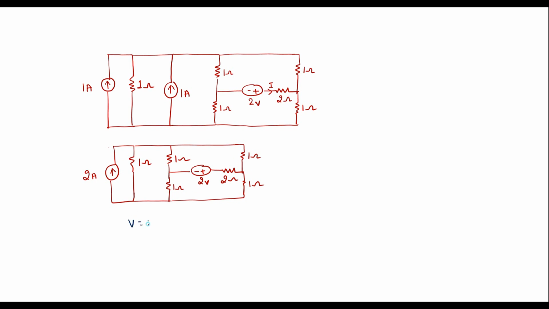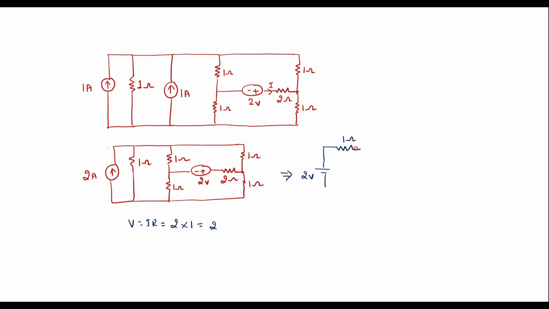We know that V is equal to I into R. That is, I is 2 and resistor value is 1. So magnitude of voltage source is 2 volt. And this resistor will appear in series with this 2 volt voltage source. So here I can redraw the circuit where this is 2 volt and here we have 1 ohm resistor will come in series.